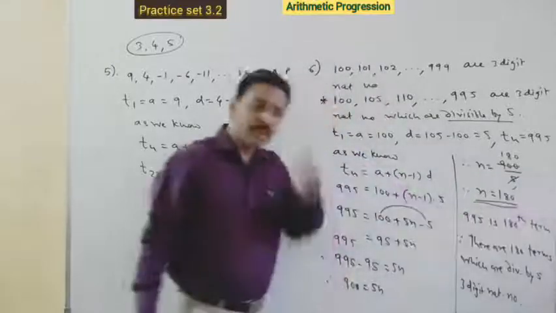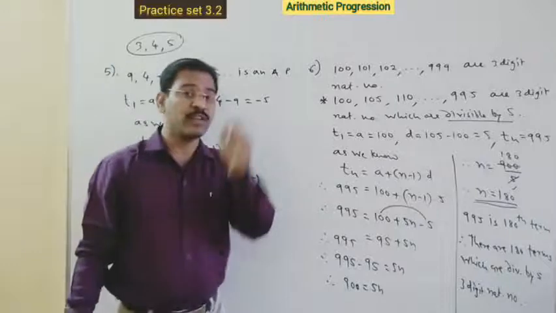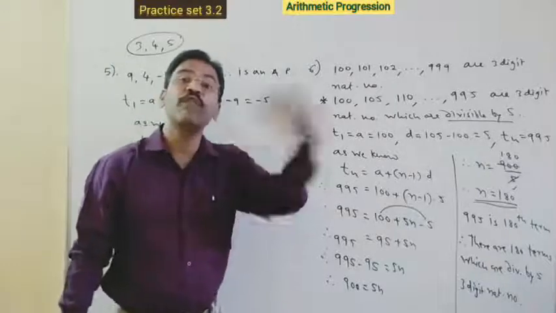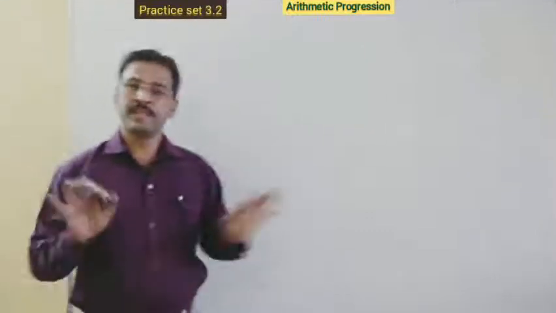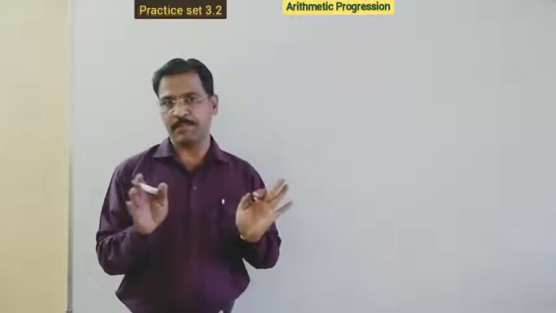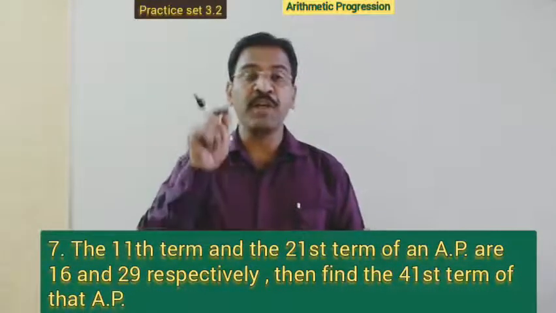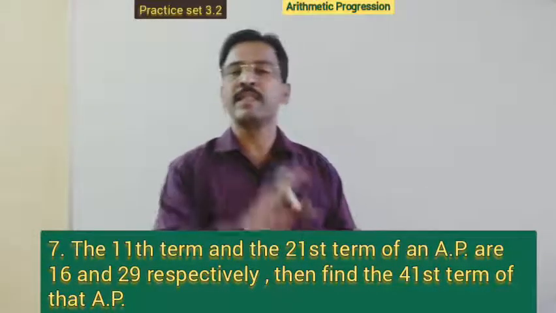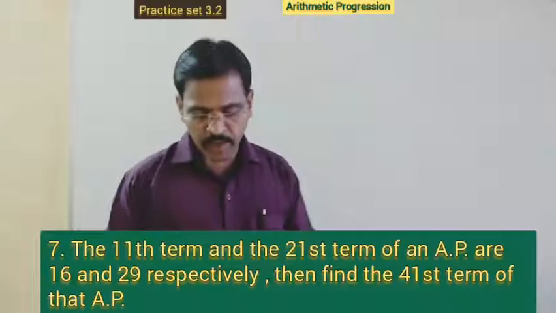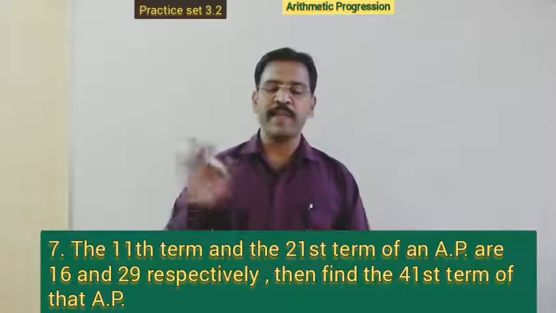Okay friends, some examples are also like this one. Just try to observe and think here exactly what we have to find. Understand friends? See here, it is just a different example. I'll read first. The 11th term and 21st term of an AP are respectively 16 and 29. Find the 41st term of that AP.